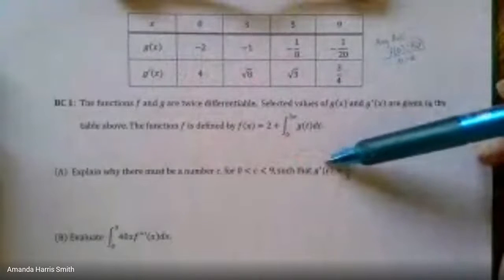You'll notice I'm saying for g of x, not for g prime of x, because g prime is the instantaneous rate of change of g. Let me back up.